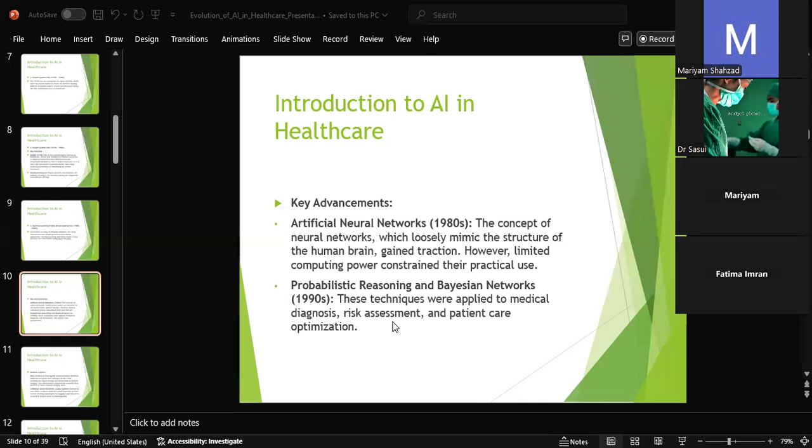So people, I have a very short homework assignment for you. You have to search on probabilistic reasoning and Bayesian networks in the domain of healthcare. You have to find an example related to medical diagnosis, risk assessment, or patient care optimization.